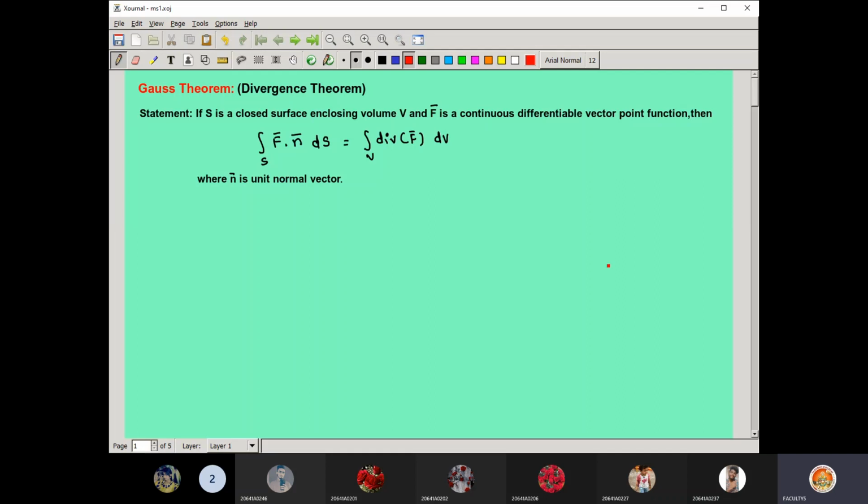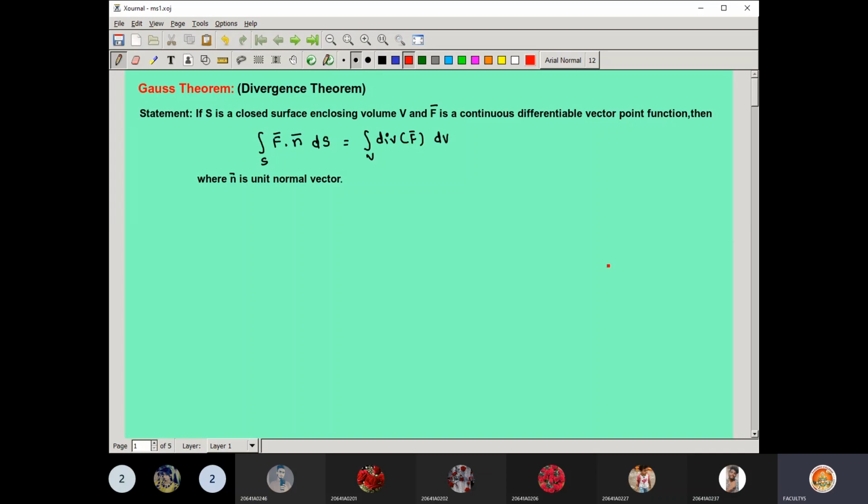And when you come to the last and final, it is Gauss divergence theorem. Just look at the statement. If S is any closed surface enclosing a particular volume V, and F bar is a continuous differentiable vector point function, then Gauss has given one relation between surface integral and volume integral.